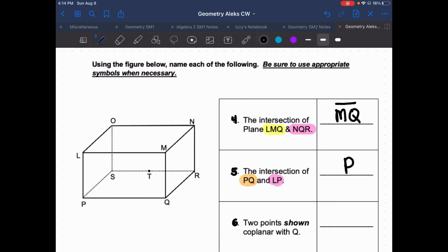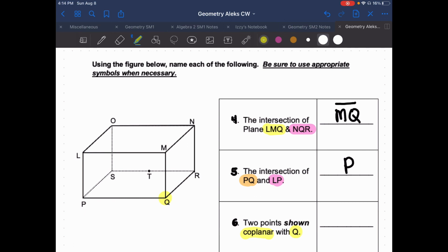Here we go. Name 2 points shown coplanar with Q. So in this one, I am testing your knowledge of the word coplanar. I'm looking for, can you give me 2 points that are on the same plane as the point Q? So find that point. Now, Q is part of 3 different planes.